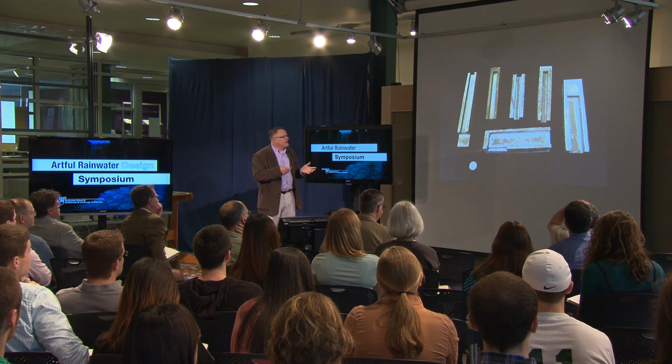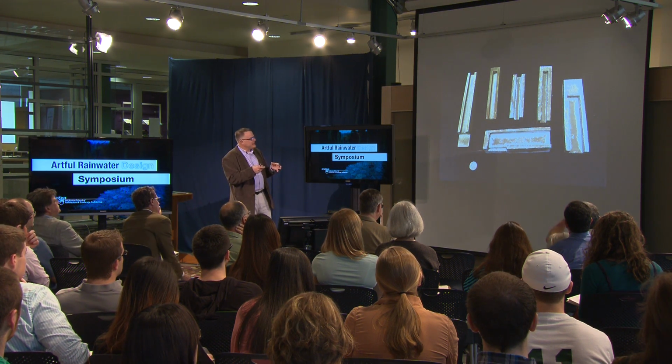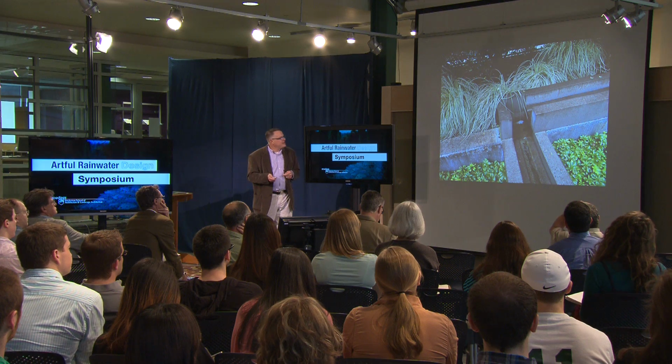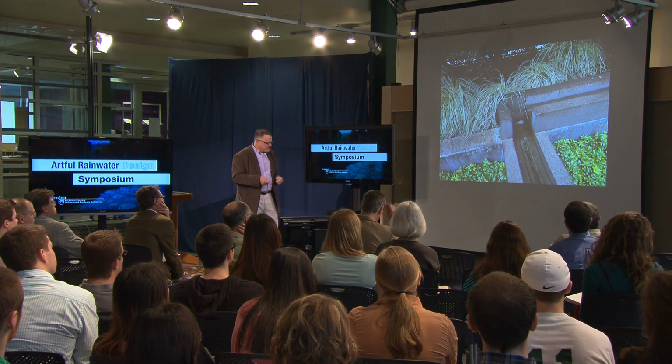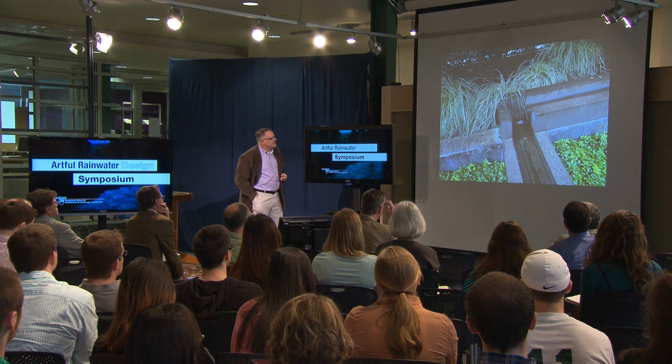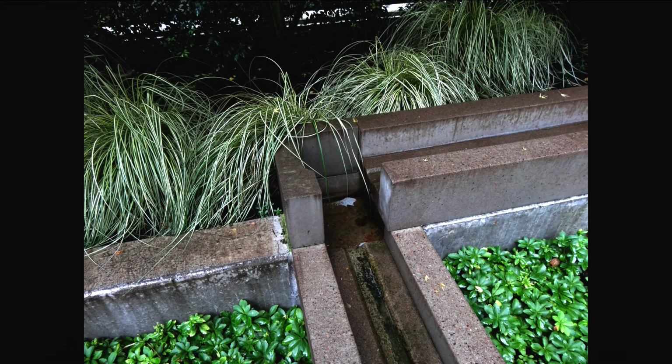So I started thinking about these runnels, and I made little concrete casts of various types of channels with different variations to try to piece them together and see how I could apply some of these ideas to 10th and Hoyt. So these are actually some photos from the project, and you can see here, I did a 90-degree turn, and originally I just had this runnel sort of butting into this runnel.